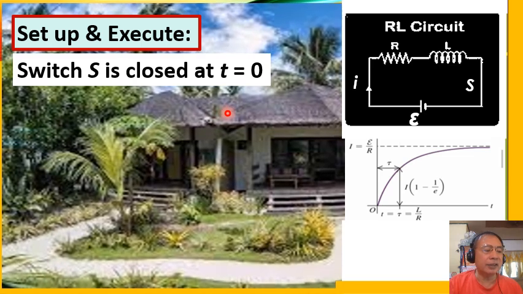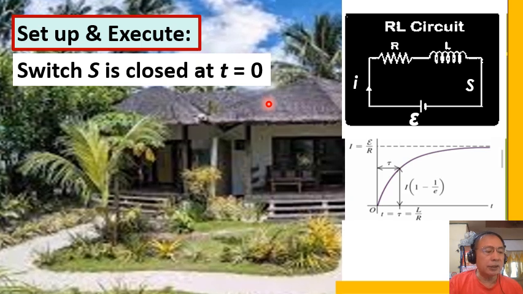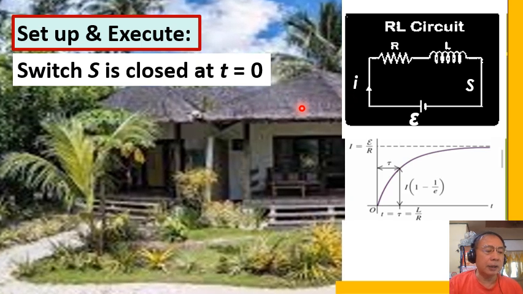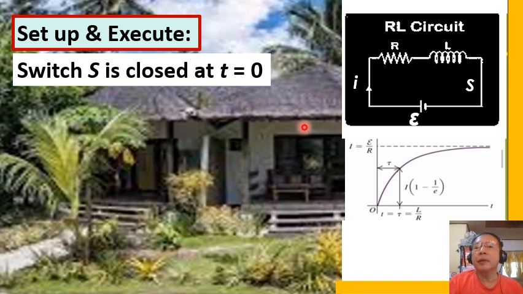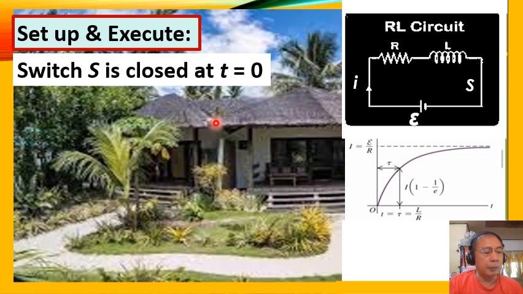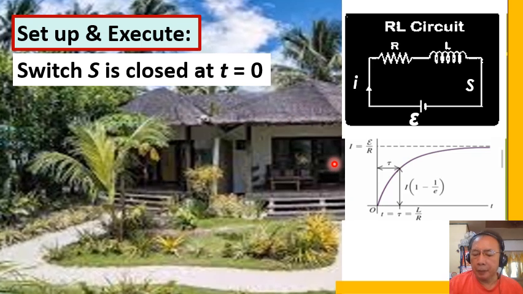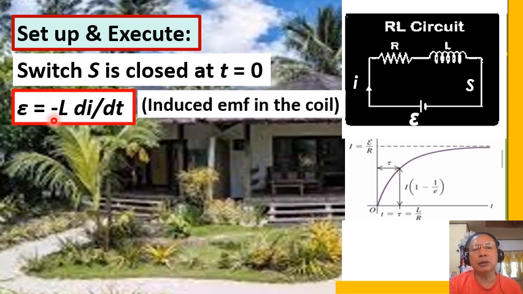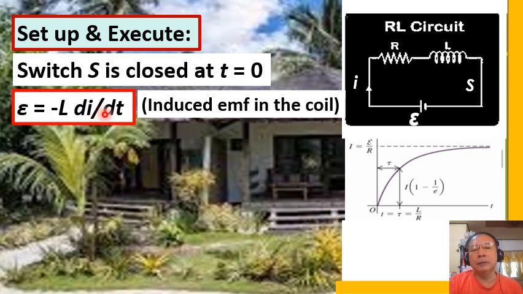Hence, an electromotive force or EMF is induced in the coil, producing what we call a self-inductance, denoted earlier as big L. Now, this induced EMF is expressed as epsilon equals negative capital L times di over dt.